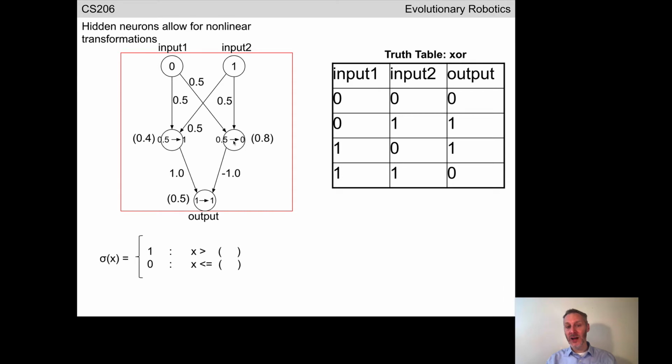This hidden neuron has successfully inhibited the value flowing from the first hidden neuron. 1 plus minus 1 is 0. 0 is less than 0.5, and we get a 0 placed into the 4th entry.